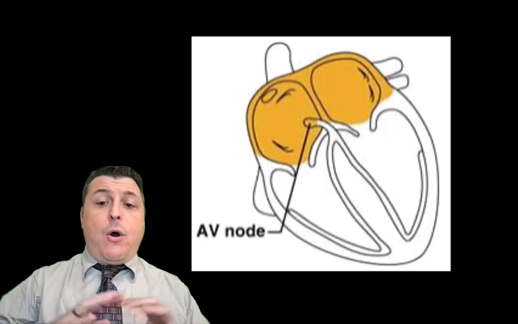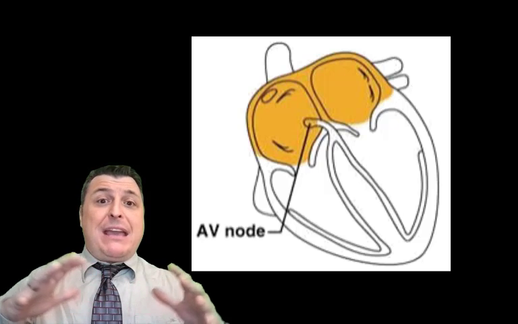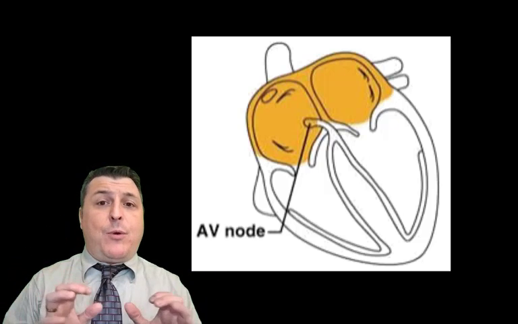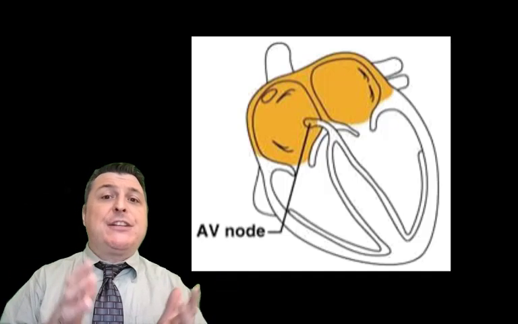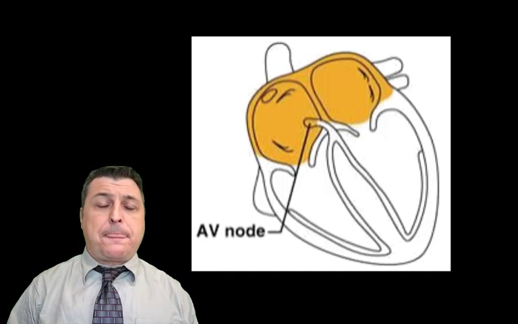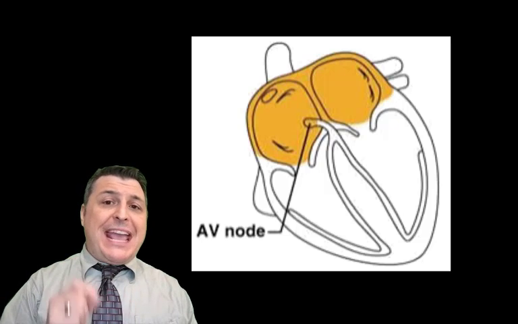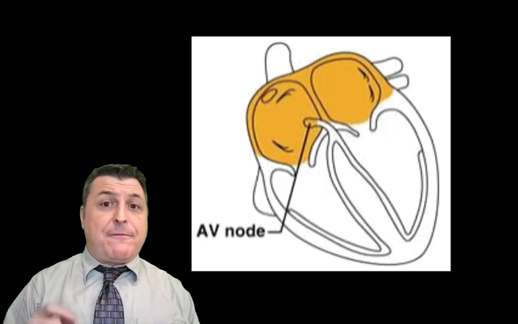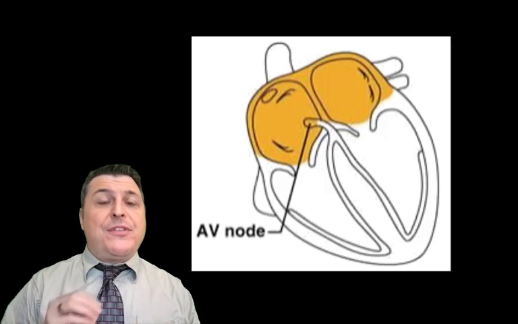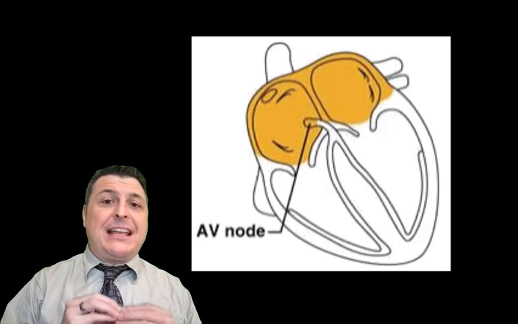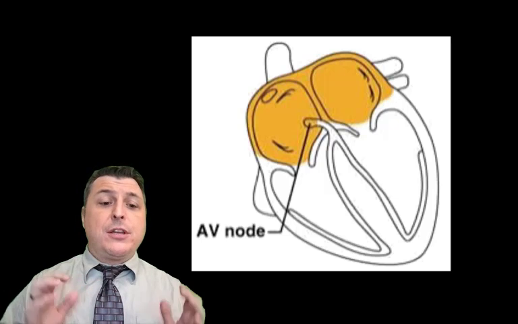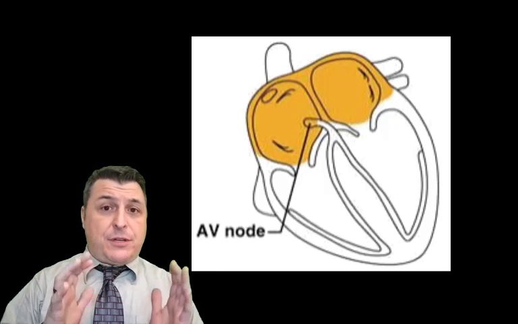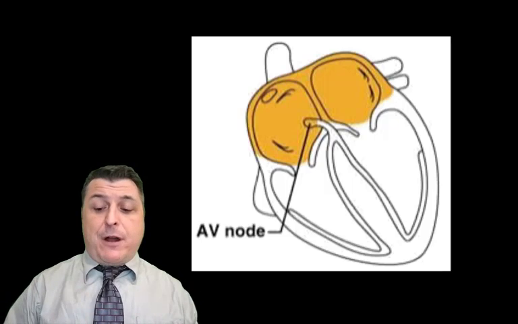The whole atria is going to get bathed in that electrical signal, and once it's fully engulfed, the atria is going to contract. Now, we want the atria to contract separately from the ventricle. So that signal is going to be slightly delayed before it starts to move into the ventricle, to allow for the atria to contract separately from the ventricle.